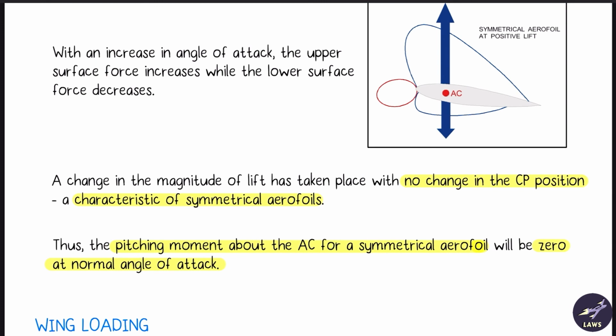The pitching moment about the AC for a symmetrical aerofoil will be 0. This is important. The pitching moment is 0 in case of a symmetrical aerofoil, because there is no change in center of pressure position. It is the same throughout, hence the pitching moment will be 0.